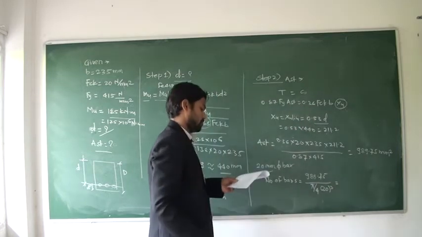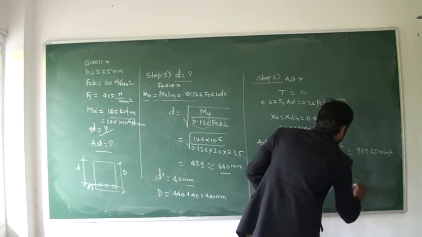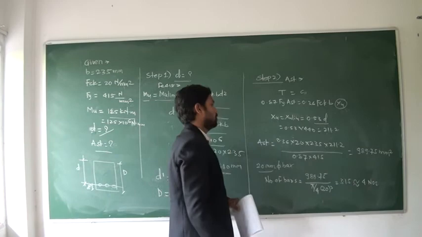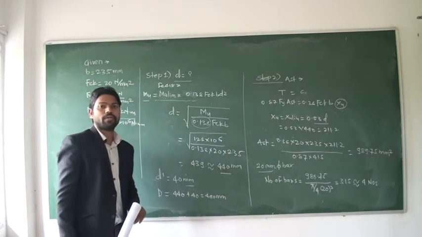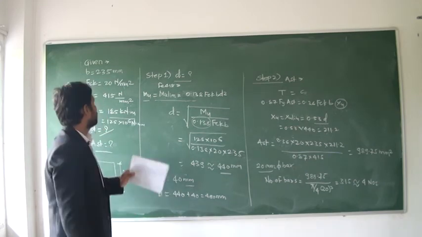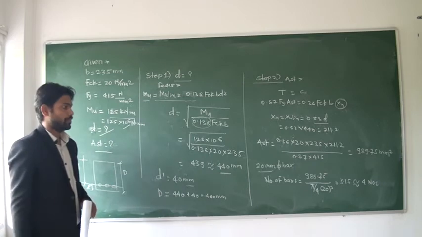You will get 3.15, that means 4 numbers. So 4 bars of 20 mm diameter you have to provide as reinforcement to take this amount of factored moment.